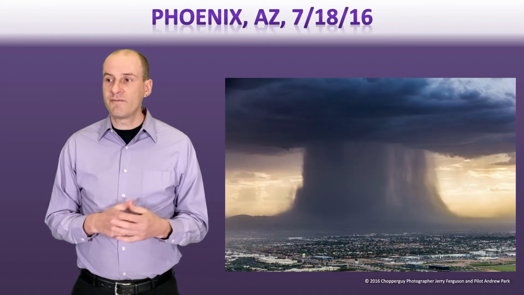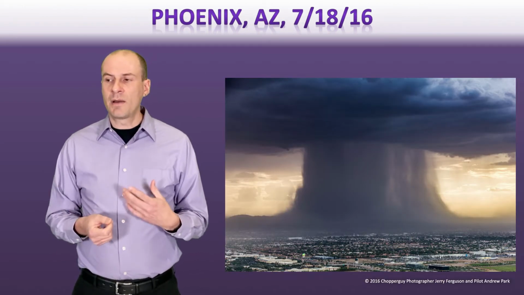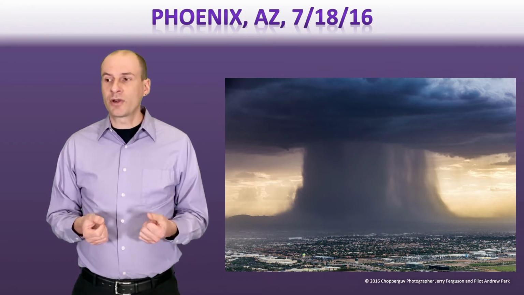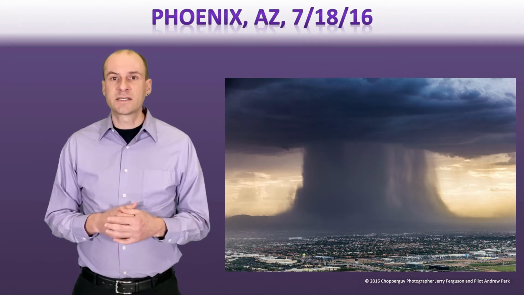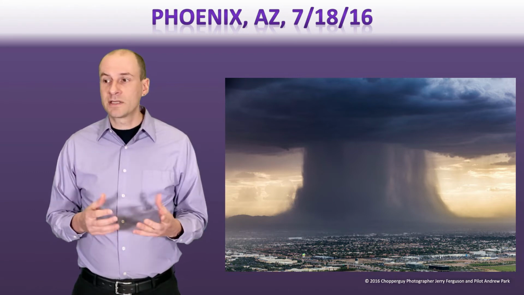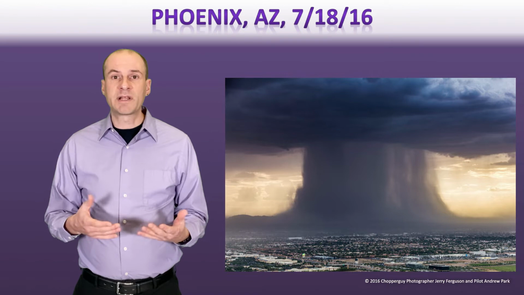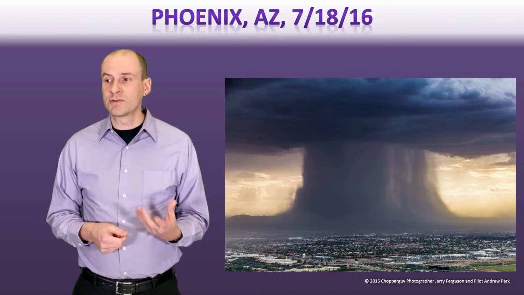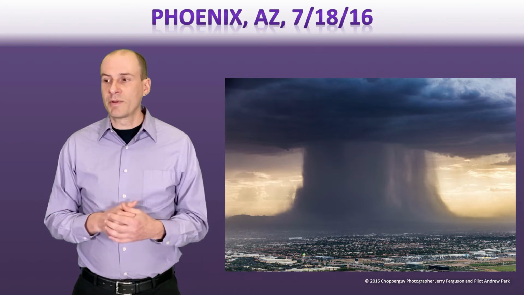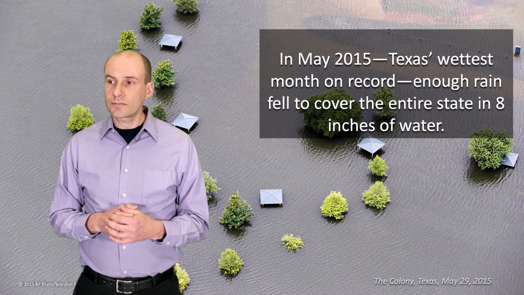Here's another one that we see in Phoenix. I believe that this one dropped about an inch of water in 5 minutes. So a huge amount of water dropping at once. And this can have tremendous impact on areas in terms of flooding, in urban environments and other environments.